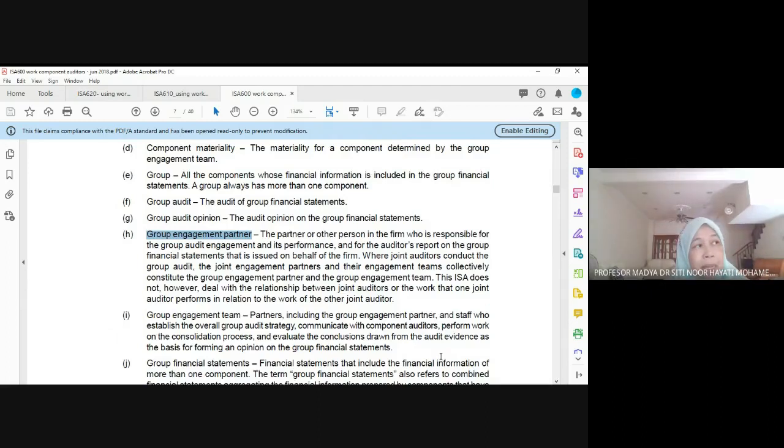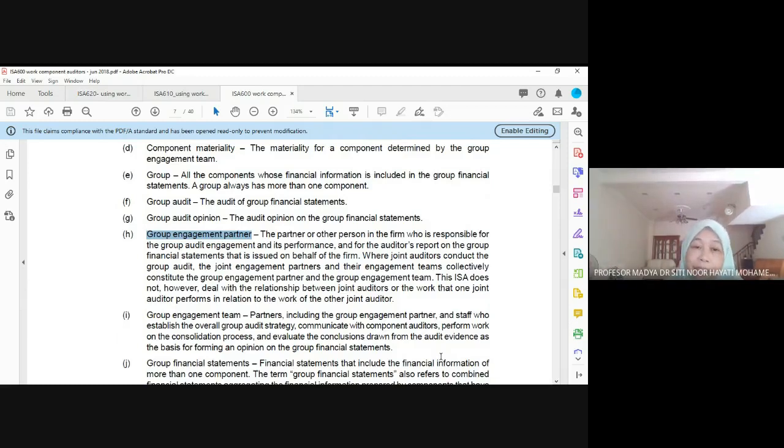So it doesn't mean that the component auditor must be a completely different person. It can be the same individual, because they are a group company. The parent can actually decide that in S1, I want you to have this auditor, the same auditor as in the parent company.